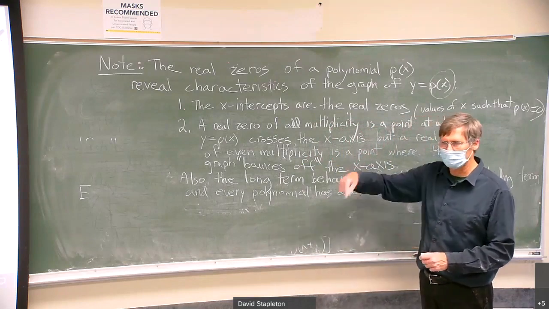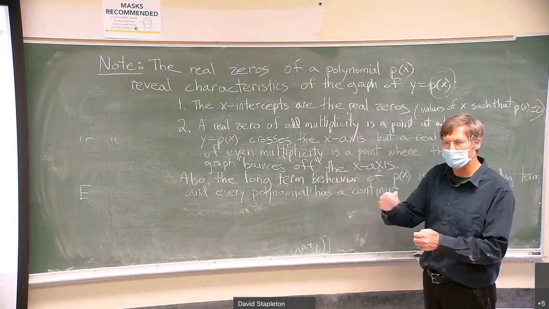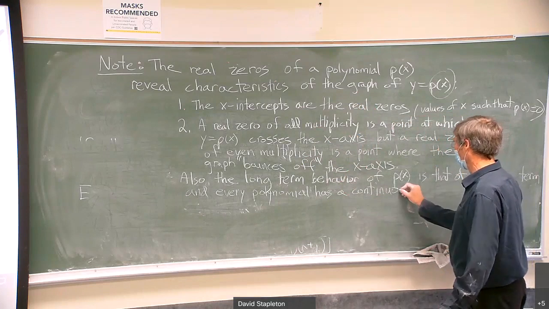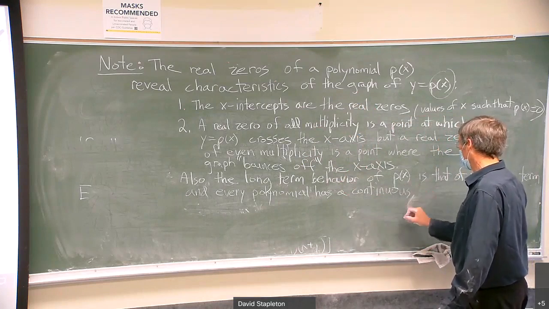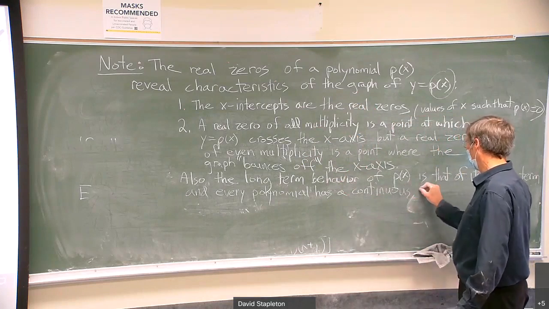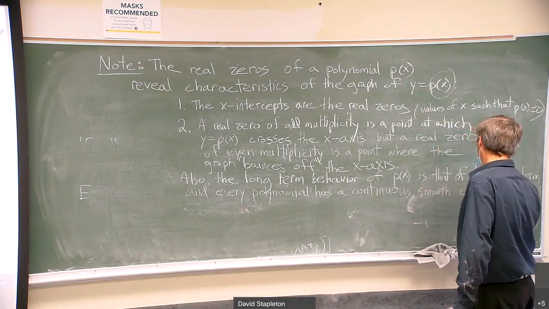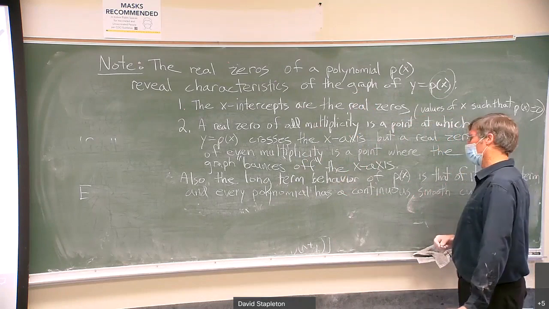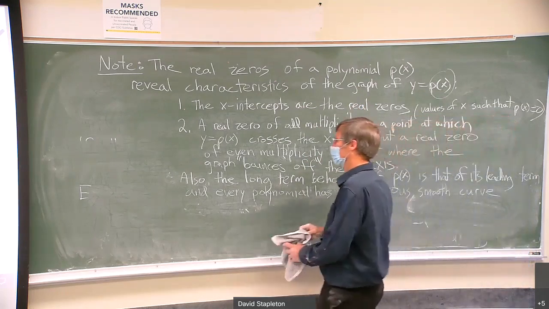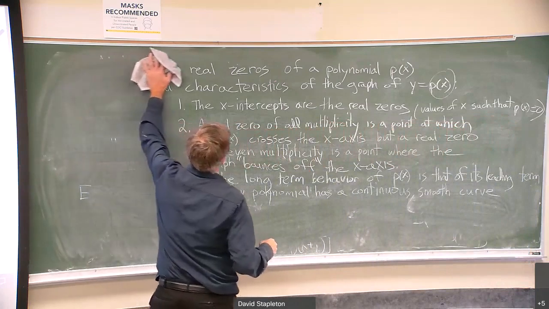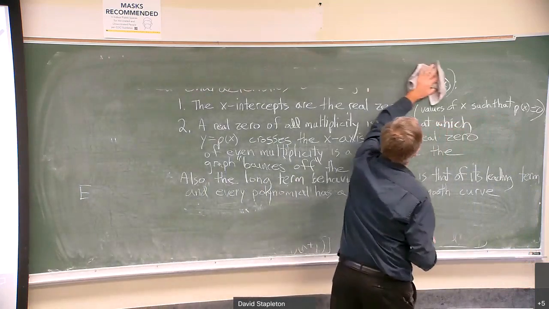If you take a garden hose, it's continuous, right? But if you cut it, then it's not continuous. So continuous means it has no breaks in it. And smooth means it doesn't have any corners in it, or worse. So it's one piece with no corners in it. So let's try that. Try applying these to the example we just did.